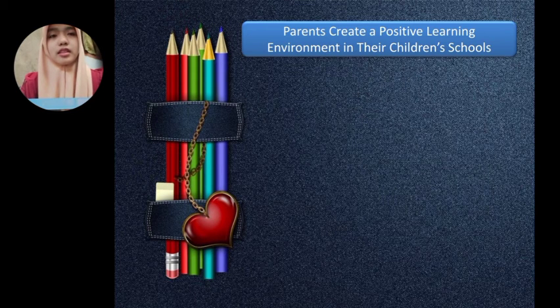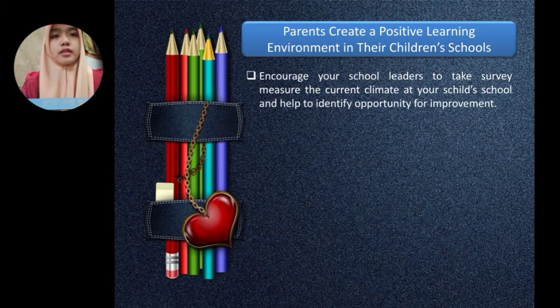This is talking about how parents can create a positive learning environment in their children's schools. Number 1, encourage your school leaders to take a survey to measure the current climate at your child's school and help to identify opportunities for improvement.